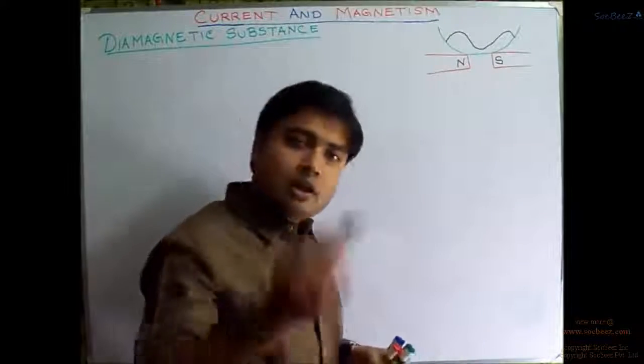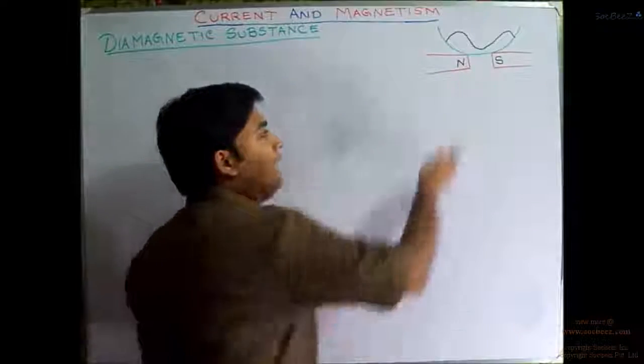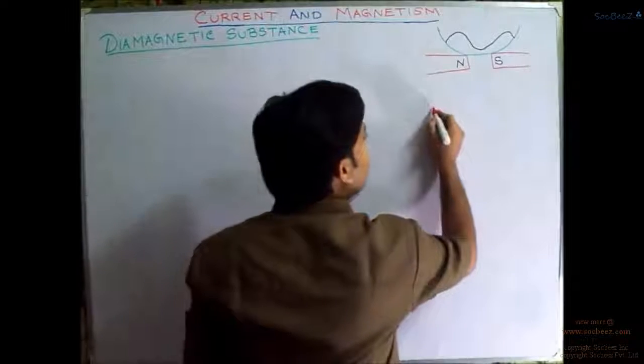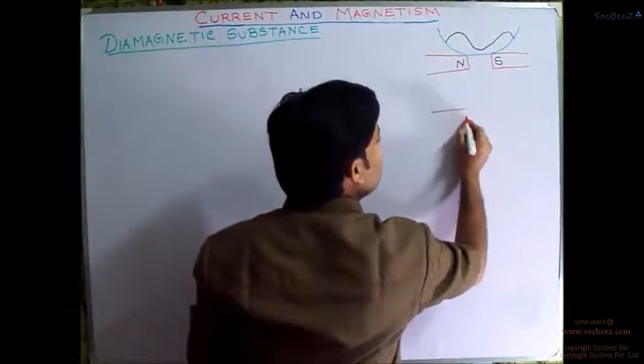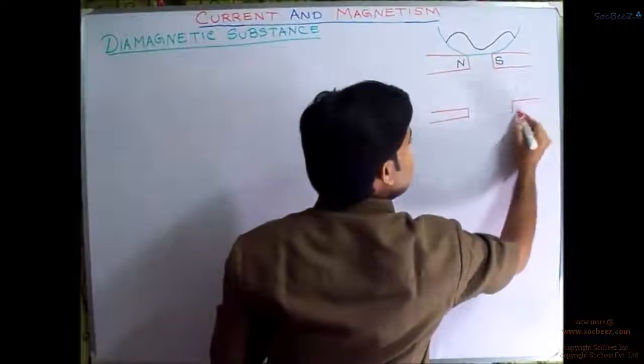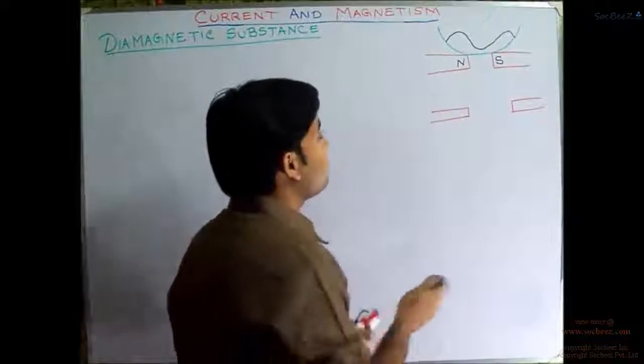Right? Now, on the contrary, if we keep the same arrangement, but now this is the north pole and this is the south pole of another bar magnet.